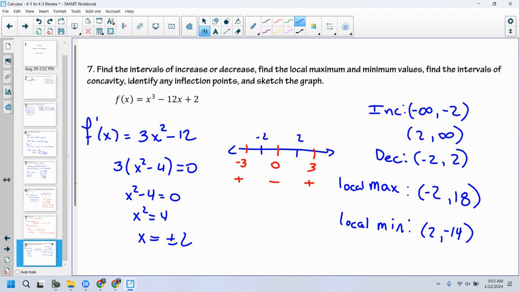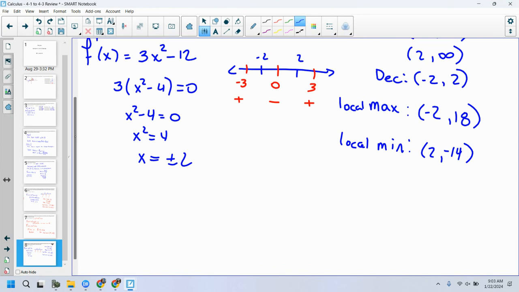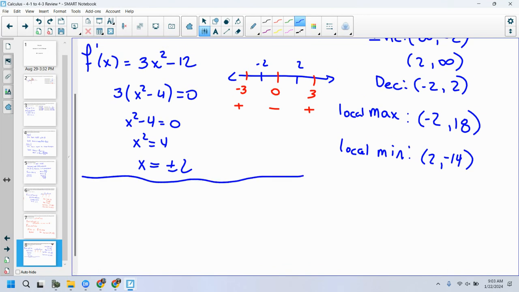Let's find the intervals of concavity now. And for that, I need my second derivative. So f double prime of x is 6x. Ooh, sweet, nice and easy. So x equals 0, right? Find the zeros of 6x equals 0. So that means I take another number line here. And I can find, okay, let's just use negative 1 and positive 1. Run those through my second derivative. Plug in negative 1, I get negative.